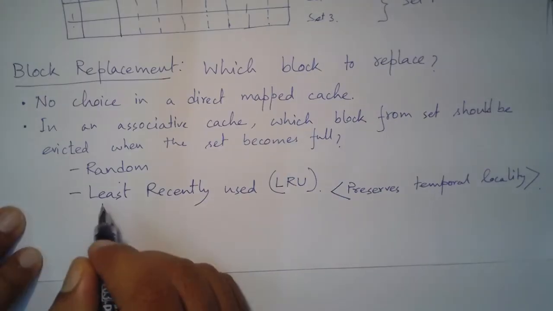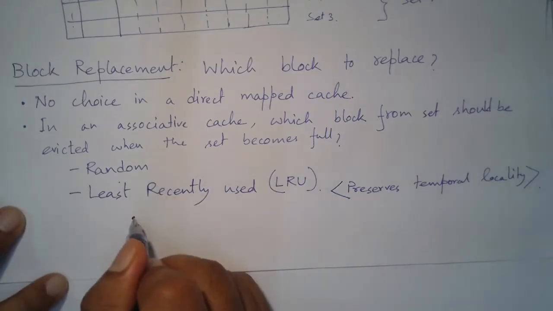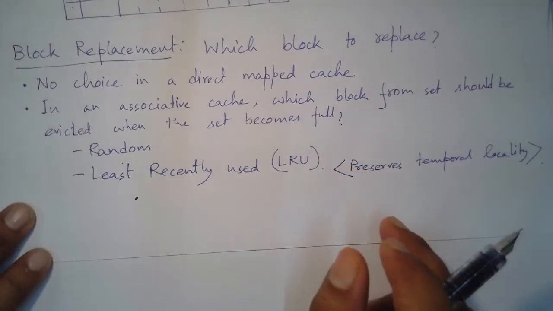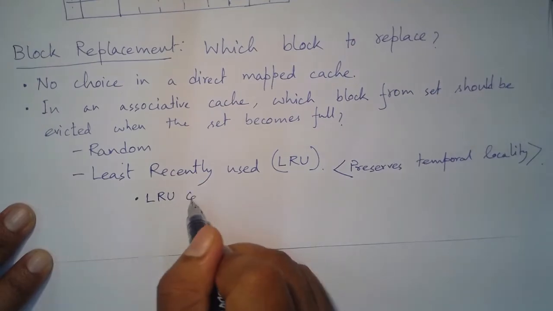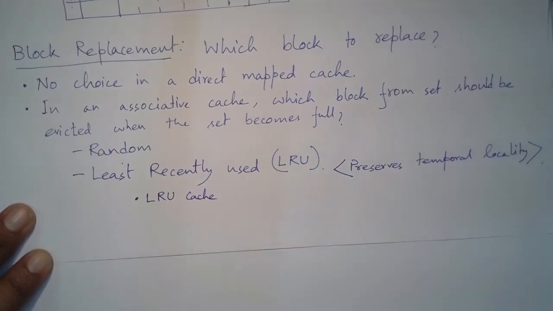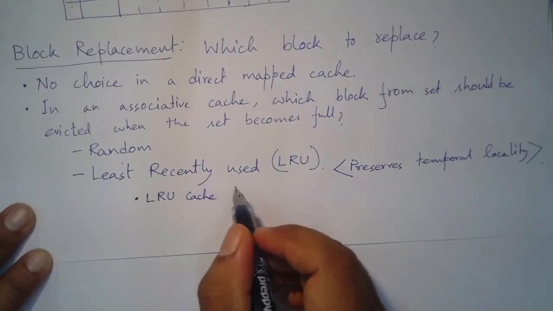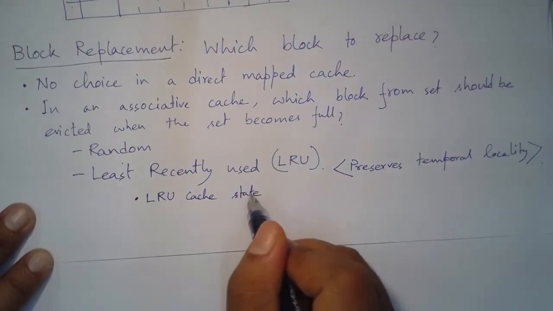So just to highlight all these things, I'll list out these observations. First, the LRU cache state must be updated on every access, so that you have all the information about which one was used last.